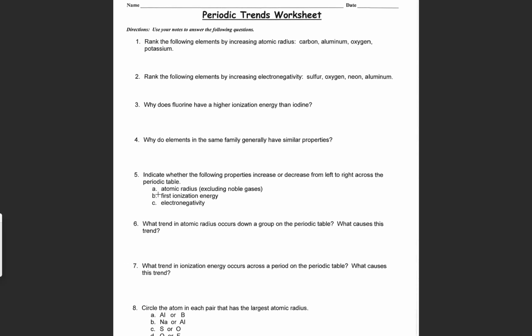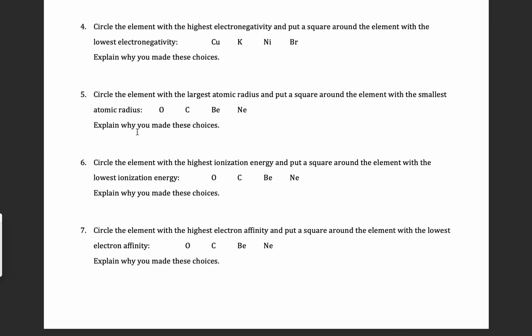You could also make an argument, right? It says explain why you made these choices. You could say neon because it's the farthest right, okay? But you could also say oxygen, because neon is a noble gas, and so we don't deal with ionization energies for noble gases, whereas oxygen is the farthest right, aside from neon, which is a noble gas.